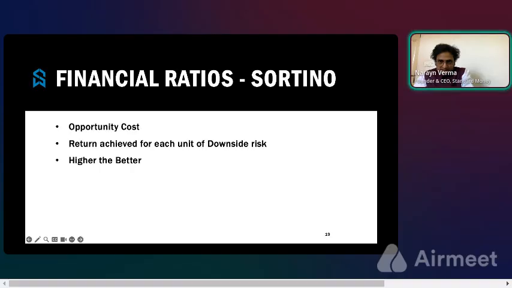So it is another version of Sharpe, you can say, but this one is more scientific and more accurate because it's only considering the negative movements and discarding all the positive. So if your Sortino is also positive for the portfolio, you can be even more confident of better performance in the future.